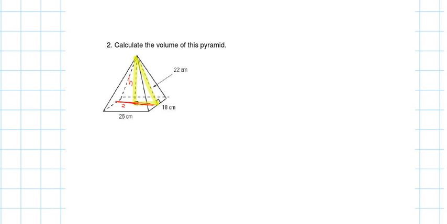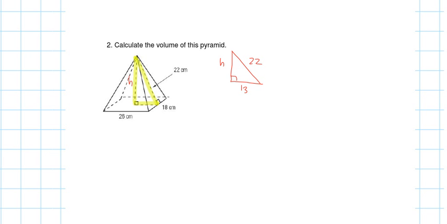So I have this right triangle. This is 13 because it's half of 26, and this is 22. I'm looking for the height. So what would be my formula? 22 squared minus 13 squared.